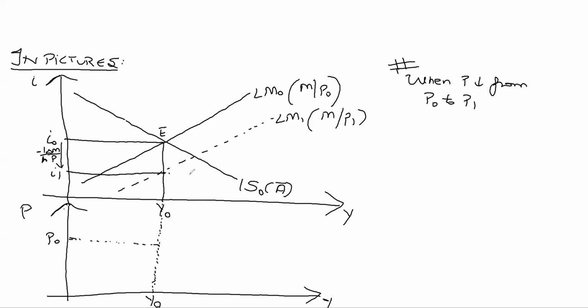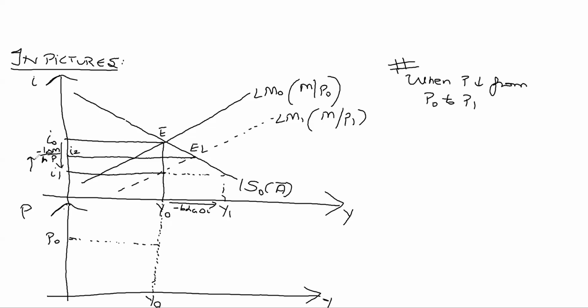Output rises from Y0 to Y1 by minus B alpha G change in I, which causes money demand to rise. Rise in money demand will cause the interest rates to eventually start rising back from I1 to I2.